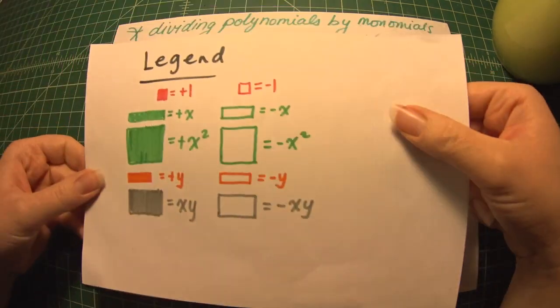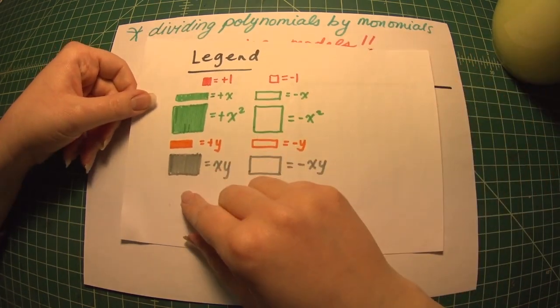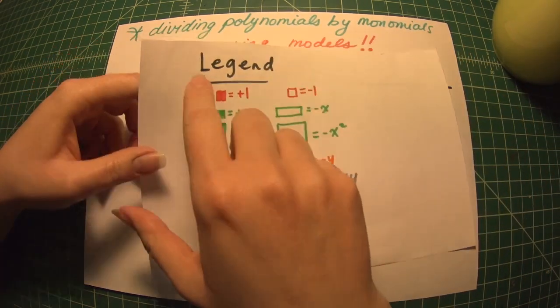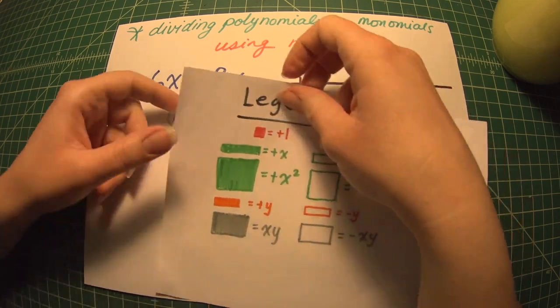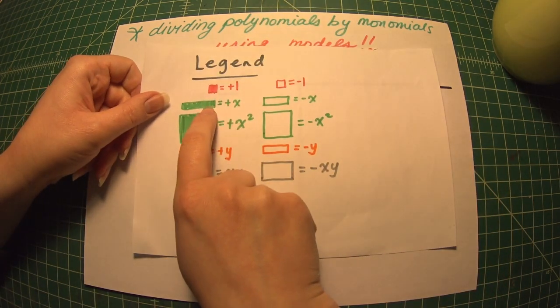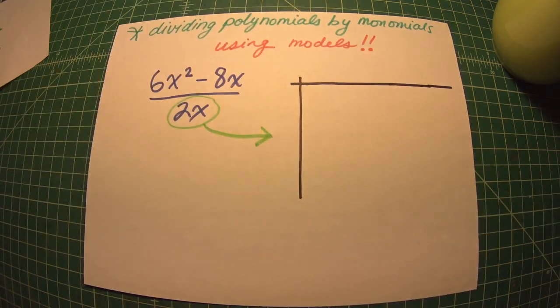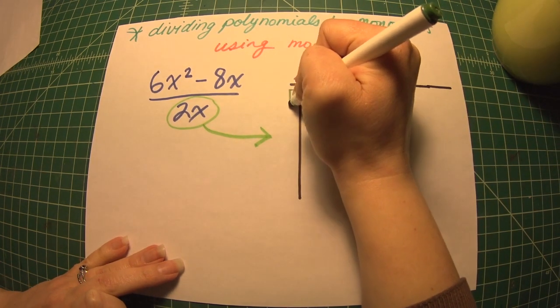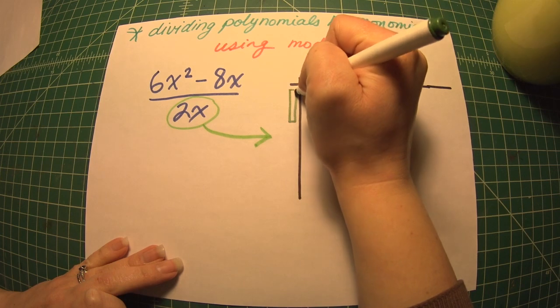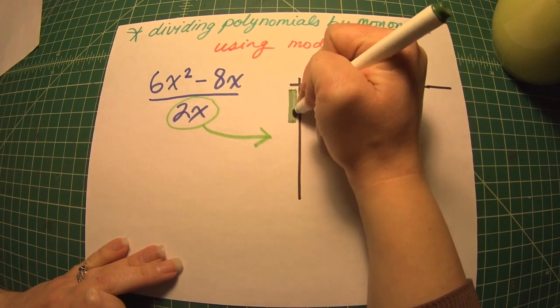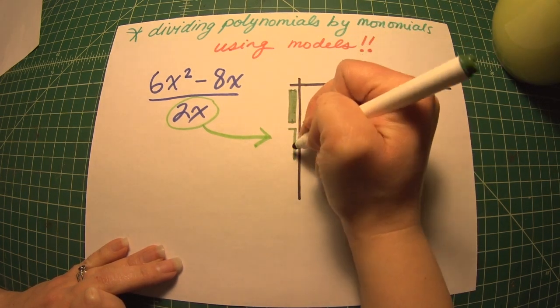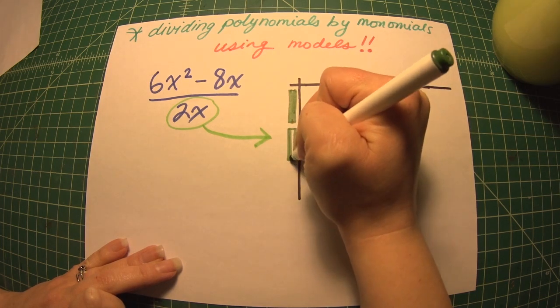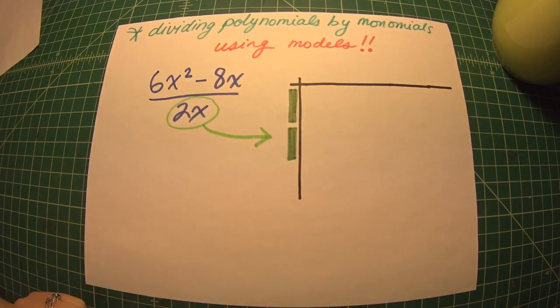And I have 2x. So take a look at my legend. So they're positive because there's no integer sign. So I'm looking at these green rods right here. So let's draw 2 of those along the side here. And of course I need to shade them in because they're positive. So there is my 2x.